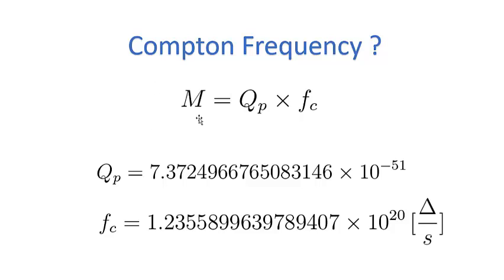Okay, so here's the equation. Some value m equals the quantum of mass times the Compton frequency. The quantum of mass is this value here, 7.3, and all these decimal points, times 10 to the minus 51. And I just want to say something right here. If you're wondering why I have so many decimal places, because most standards don't have this many, this is the number of decimal places that my computer program spits out.